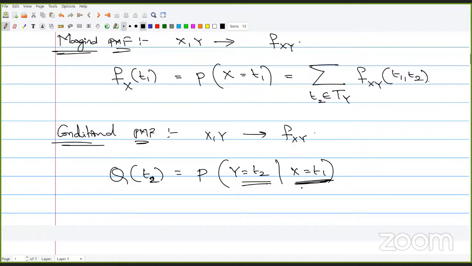Then what is the probability that y takes t2? Or it is written as f of y given x equals t1, t2. And this is just the conditional probability, that y is equal to t2.